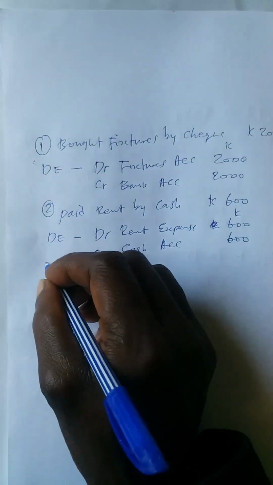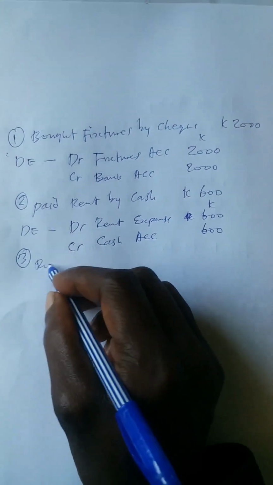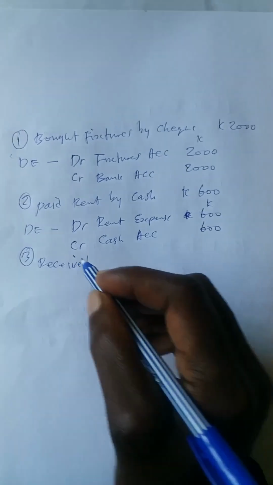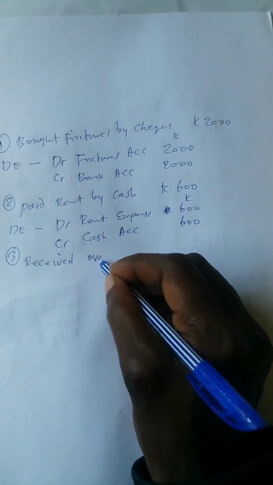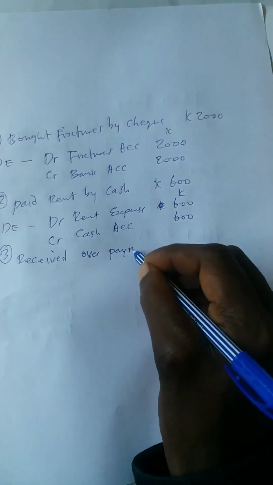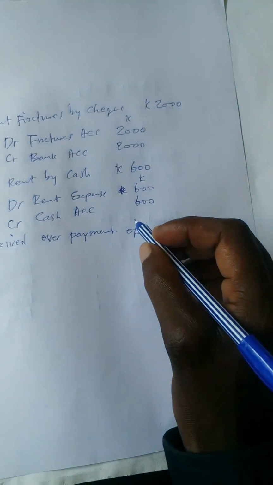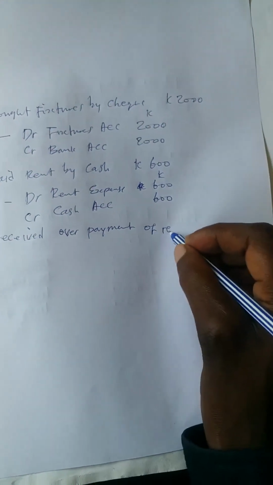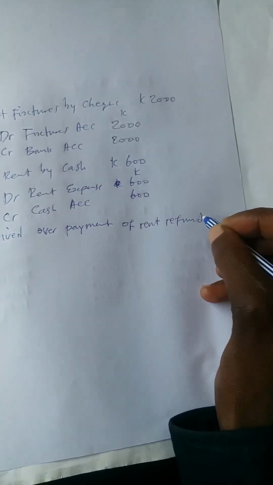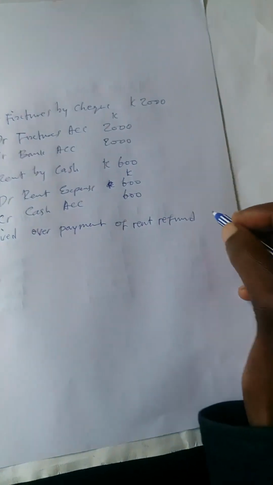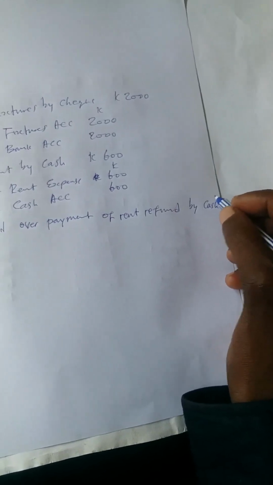Number 3: received overpayment of rent refund by cash. The amount is 50 kwacha.